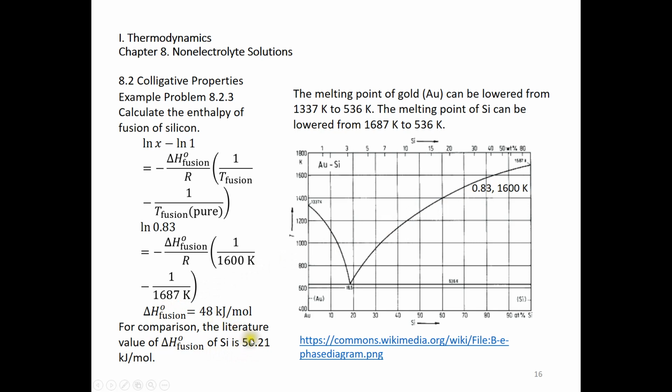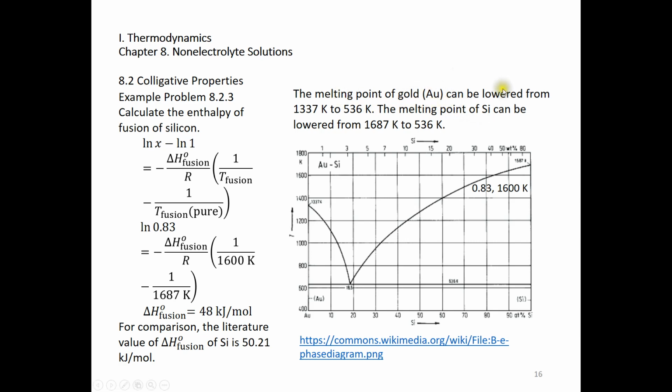I mean, almost too close, because I don't think the solution made of gold and silicon is really an ideal solution. The silicon-silicon interaction versus the gold-gold interaction versus gold-silicon interaction, I'm guessing the three can be quite different. They can be quite different.